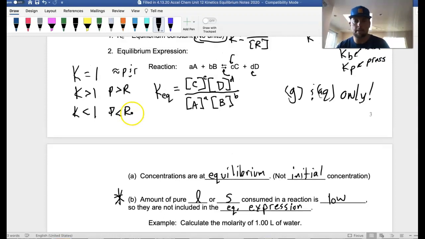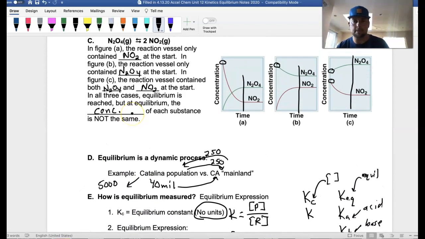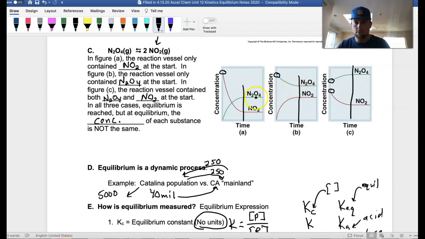So if you go back up to these graphs really quick, notice that we would have more reactants than products in all of these. So our equilibrium constant, not surprisingly here, is going to be less than 1 because we have more reactants than products at equilibrium. More N2O4 than NO2.